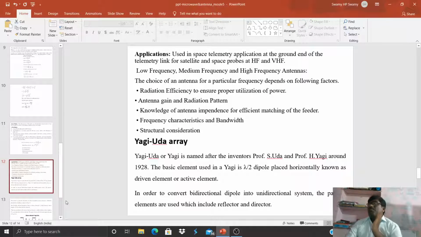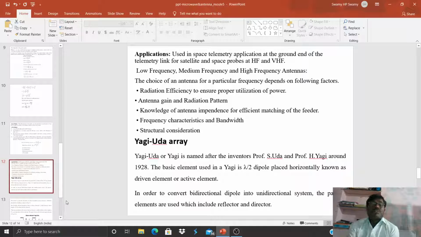Now, what are the applications of the helical antenna in axial mode operation? It is used in space telemetry applications at the ground end of the telemetry link for satellites and space probes, at high frequency and very high frequency. At very high frequency and high frequency, this axial mode helical antenna is used in space telemetry application at the ground base station of the telemetry link for satellite communication.